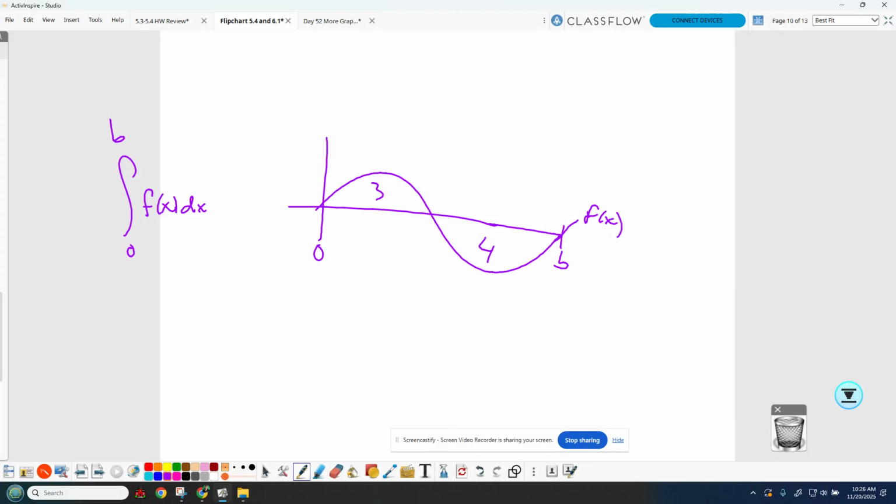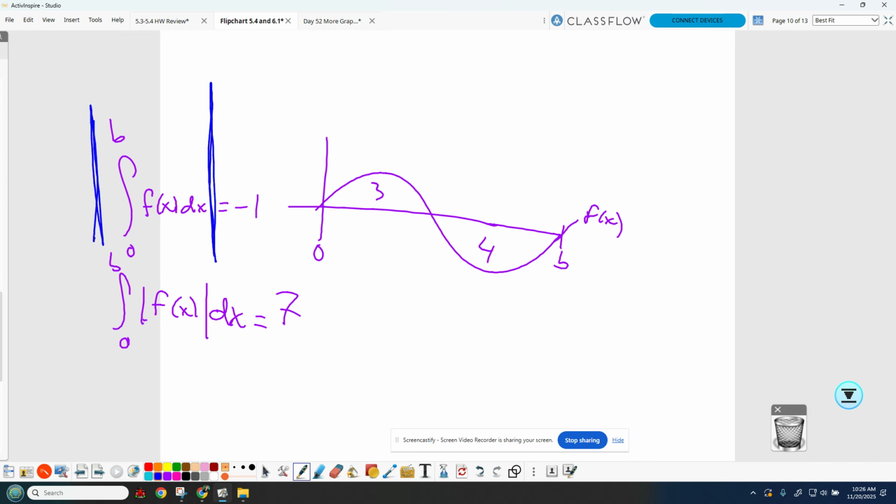So Felipe, looking at this, how I have it drawn, what is the integral from 0 to b? -1. Because stuff below the axis is negative. Sam, what would that be? 7. Okay. Benji, what would that be?